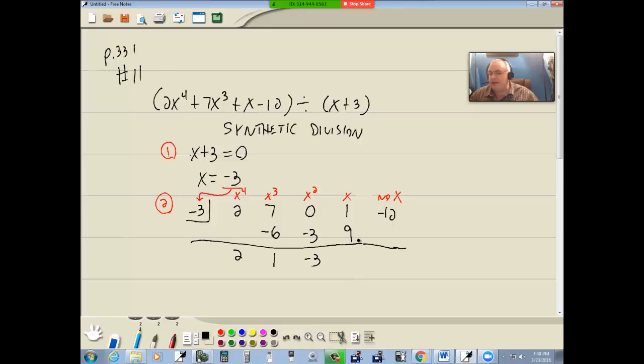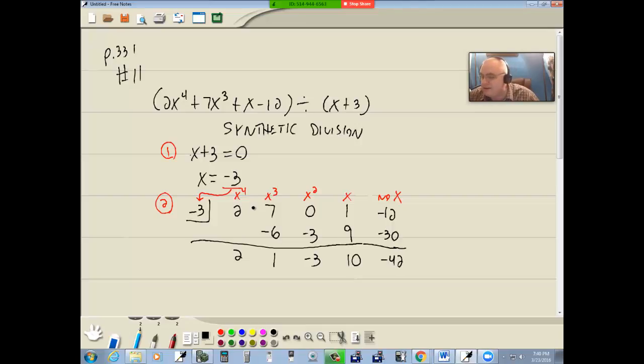Then you add. 1 plus 9 gives us 10. Then you multiply. Negative 3 times 10 gives us negative 30. And then you add. Negative 12 and negative 30 gives us negative 42.